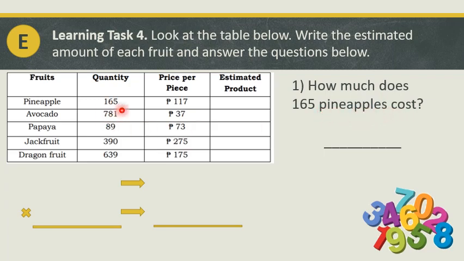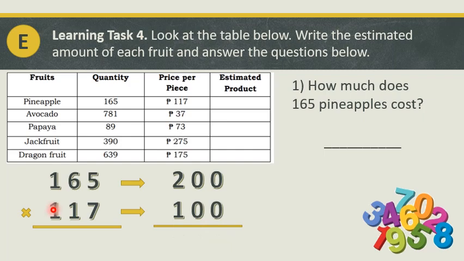So, magkano daw ba yung 165? Kung ang presyo niya, kada isa is 117. So, 165 pineapples and yung kada isa is 117. Estimate daw natin, estimated product lang hinahanap. So, since sa katabi ng 1 is 6, malaking number, so ito ay magiging 2. So, kaya 200. Then, dito naman sa 117, since ang katabi ng 1 is 1, maliit na number, so ito 1 pa din siya.